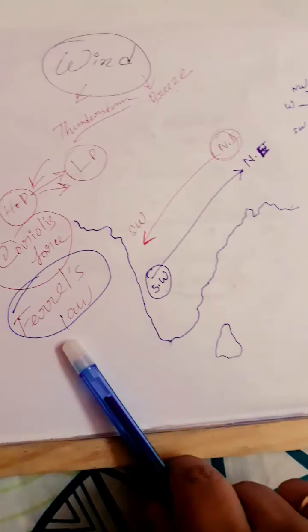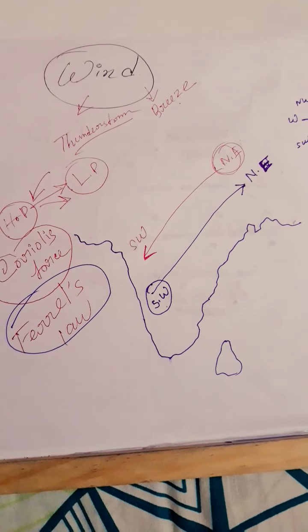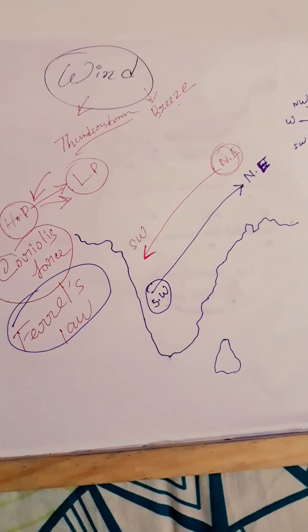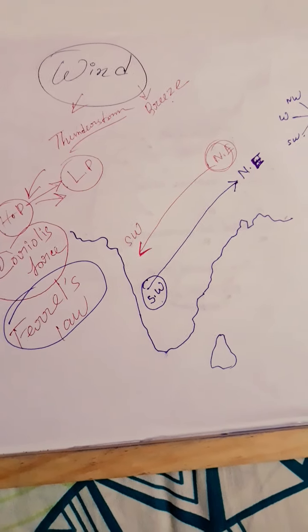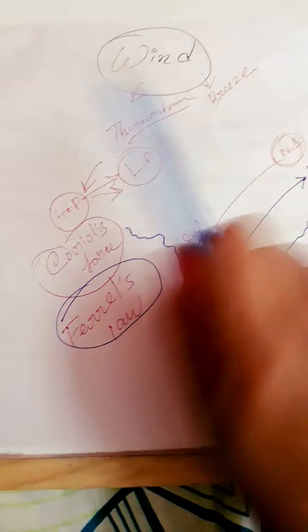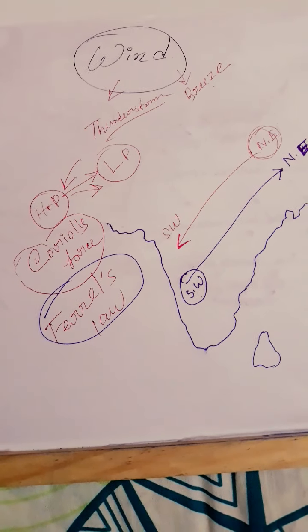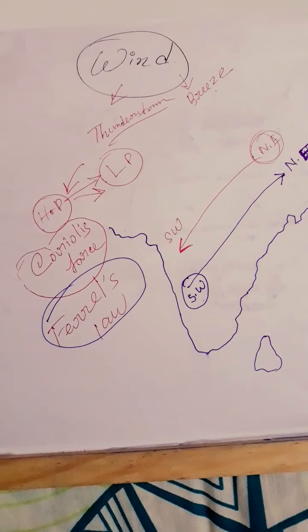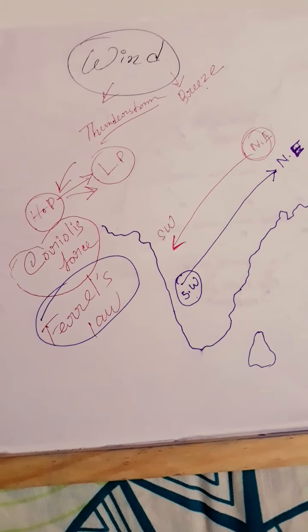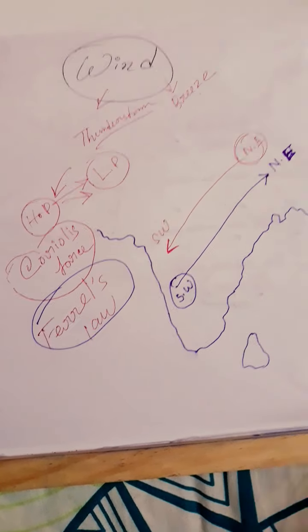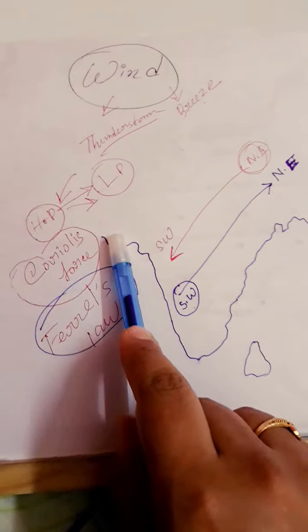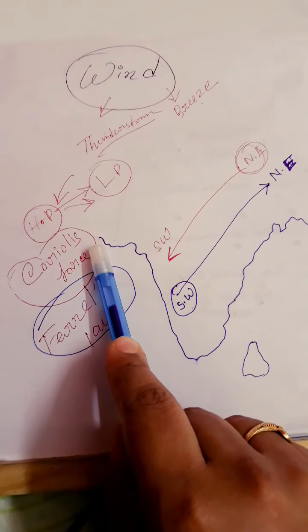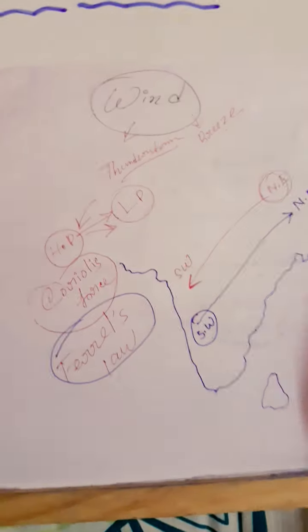What is Ferrel's law? Ferrel's law states that freely moving bodies, not only wind, any freely moving bodies on the earth's surface are deflected to the right in the northern hemisphere. It is constant that any freely moving body is always deflected to the right in the northern hemisphere.